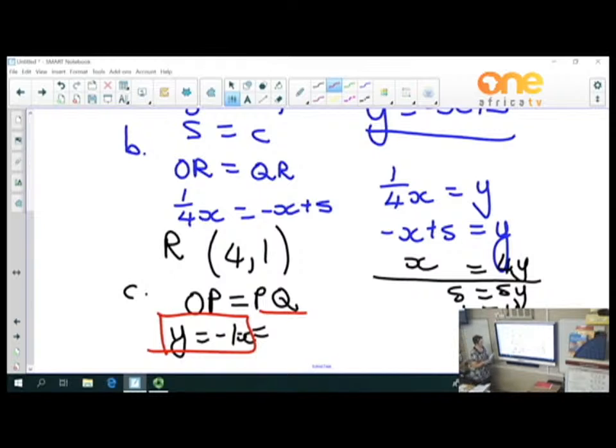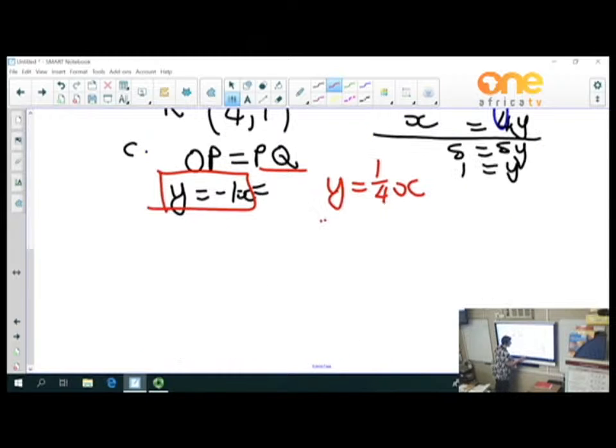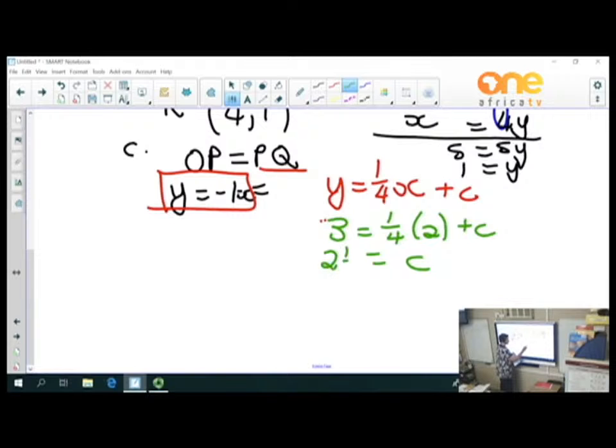1/4. Yes. So now I can say y is equal to 1/4 x plus c, and then which coordinates are you going to put in? Q, because we have the coordinates of Q. So it will be 3 is equal to 1/4 times 2 plus c, and that makes c a half, or 2.5.